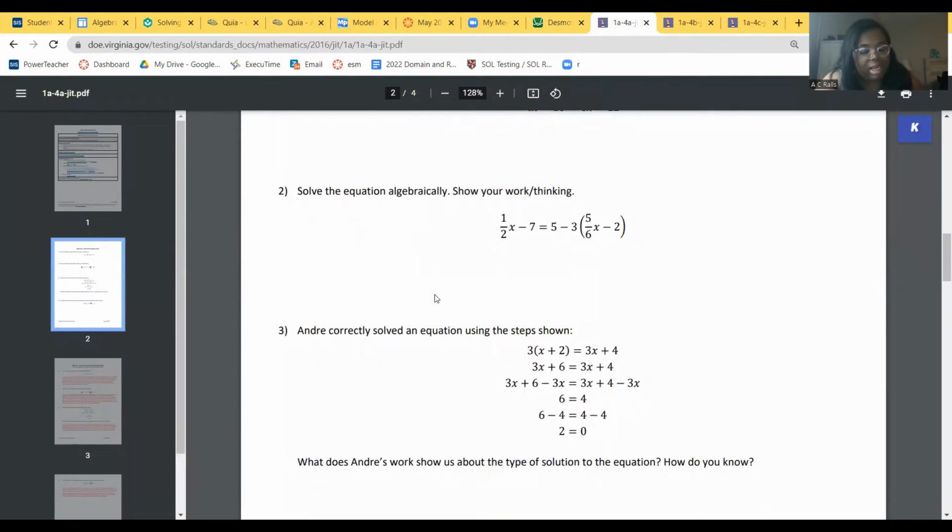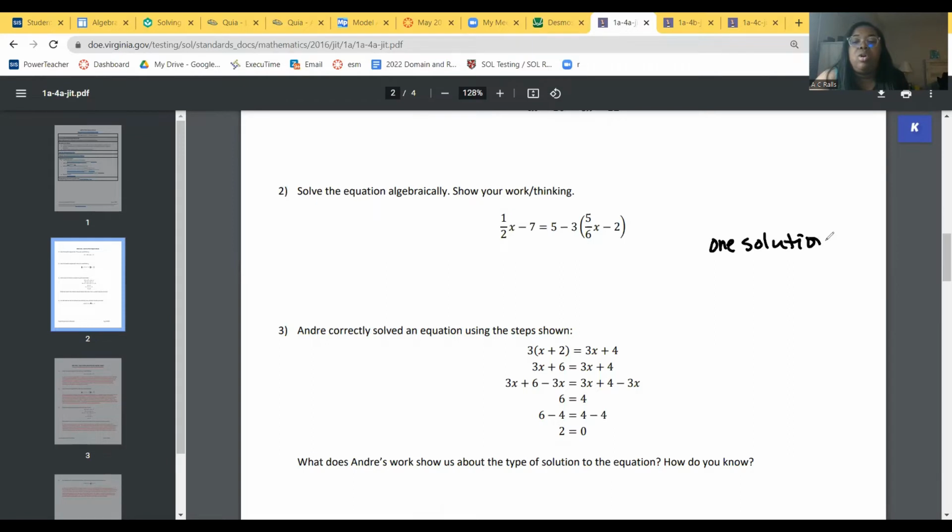All right, the next thing that we want to talk about are the types of solutions that equations give you. You have three types of solutions in a regular linear equation. The first type of solution is going to be the one solution. And so just like we just saw for X, we ended up with one solution.